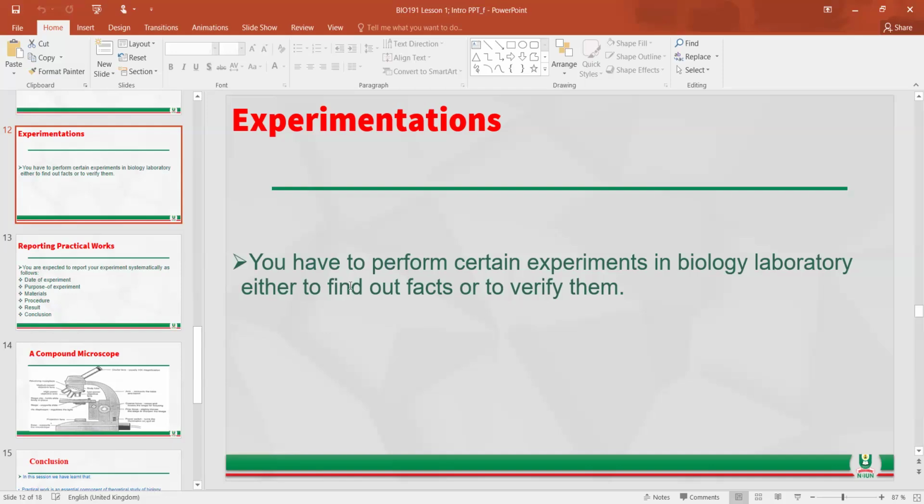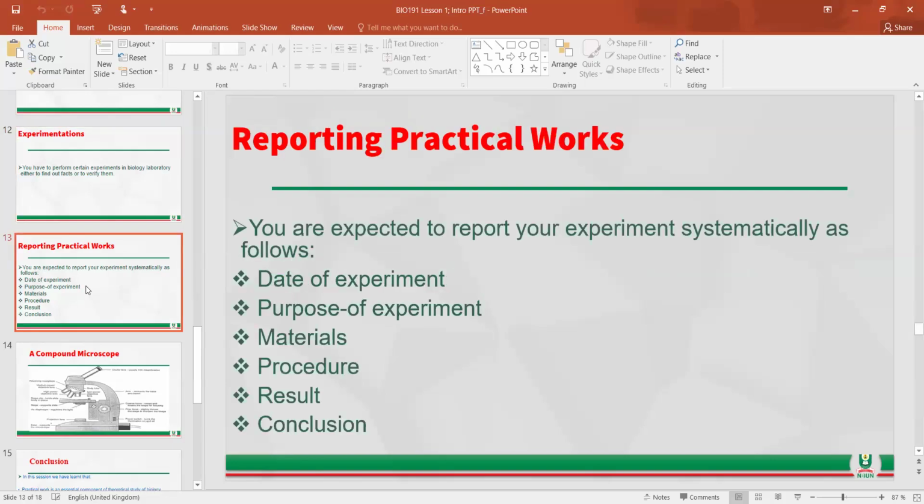By the time you conduct your experiments, you've got to report in a specific way. First of all, we are supposed to put the date on which the experiment was carried out, the purpose of the experiment, materials used, procedure, results, and conclusion.